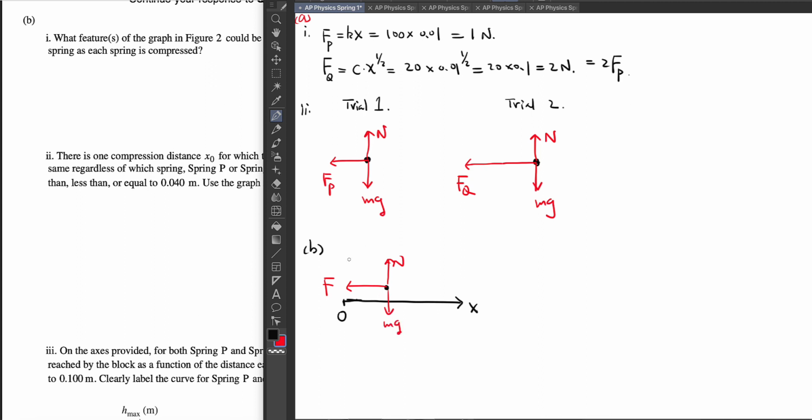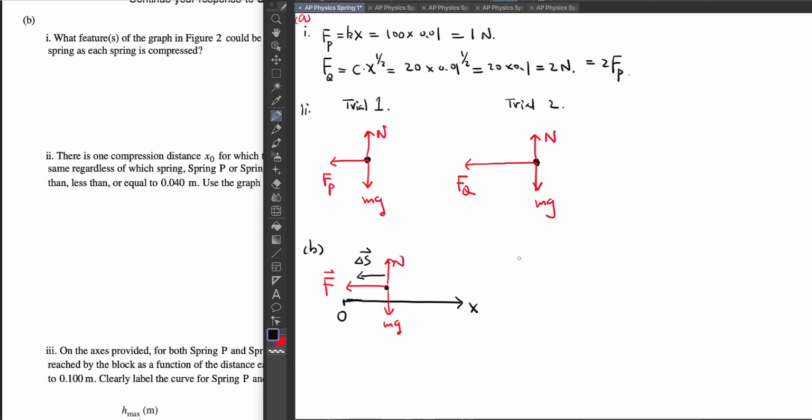Okay, however, the block will have displacement along this direction. That's the displacement delta S. Force, I also want to change to a vector notation.